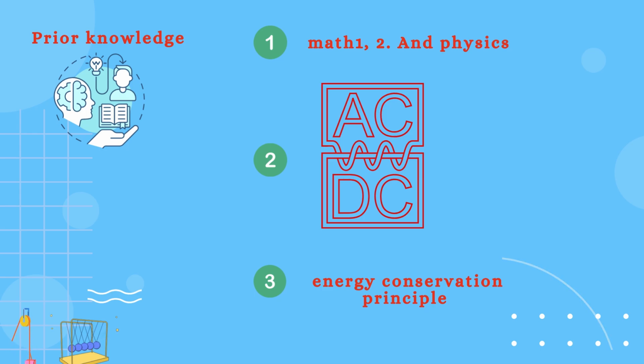Also, the student should differentiate between AC and DC currents and their behavior, and the behavior of the set of components in each type of current. In the second lab class, which is simple harmonic motion in spring mass system, it's based on the energy conservation principle. In this case, mechanical energy is kept constant during the experiment.